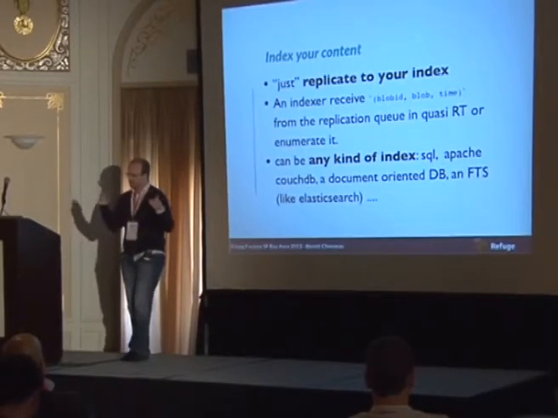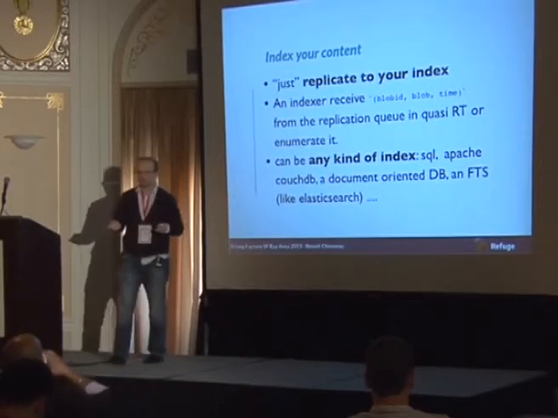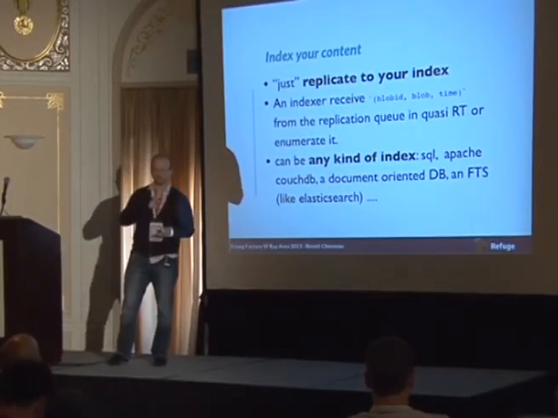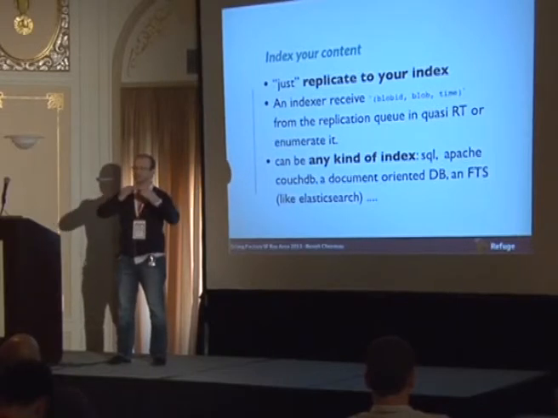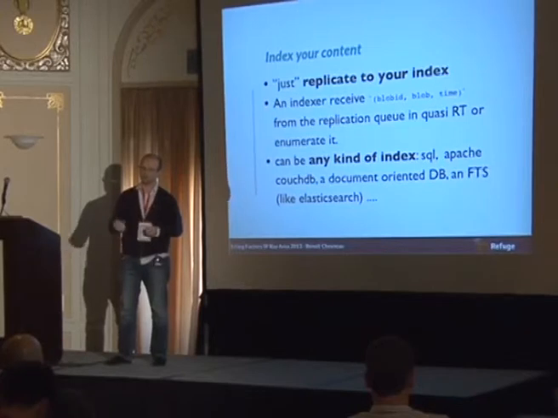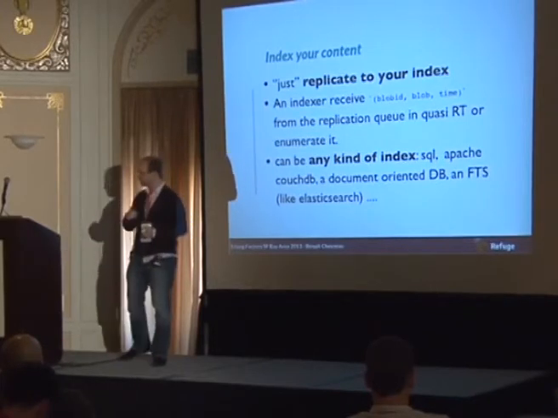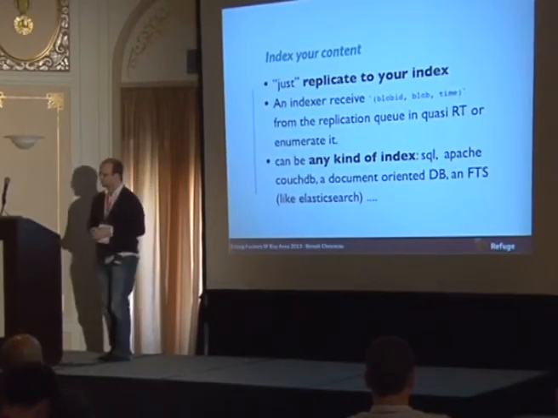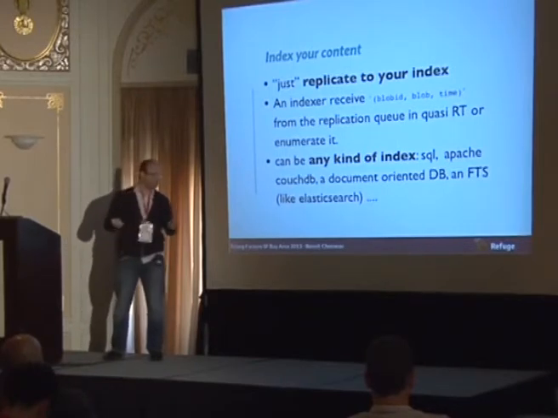And then if you want to do some transformation, if you want to only store some parts of your blobs, for example, if you get a blob that is a JSON and you want to only store some stuff in your index, a function will be launched to transform that. And it can be any kind of index.